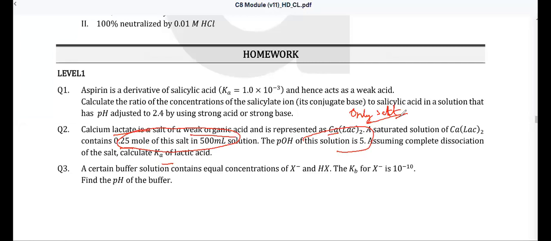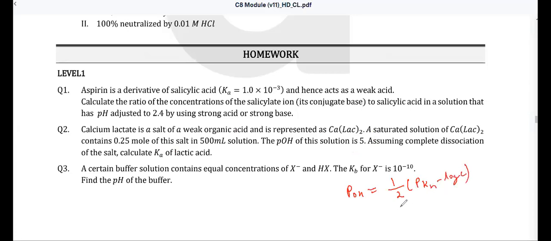Hydrolysis, yes or no? So what is the hydrolysis formula? pOH is equal to half pKh minus log C. If you don't remember, which is half pKw minus pKb minus log C.